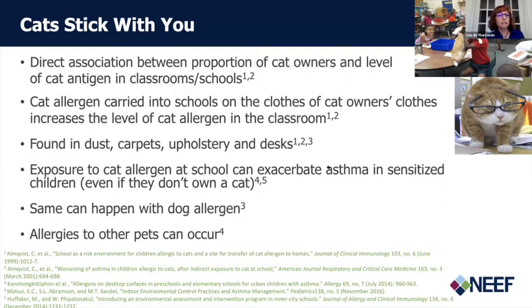So cats especially, their allergen is very tenacious. It sticks to all kinds of surfaces, and kids bring those allergens to class. So there is a direct association between the proportion of cat owners and the level of cat antigen that has been found in classrooms and schools, illustrated by these two studies by Almquist.